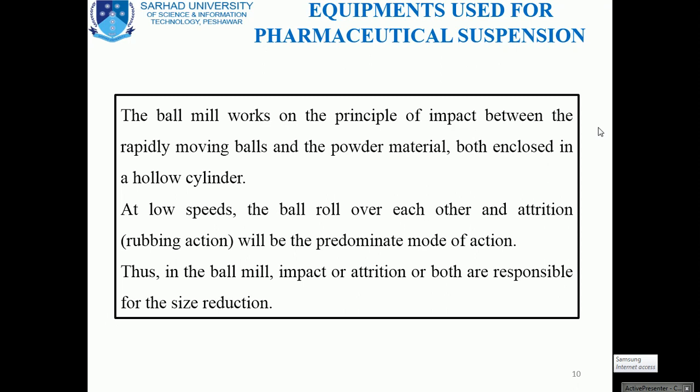Both are enclosed in a hollow cylinder-shaped shell, and the impact occurs between the rapidly moving balls and the powder material. By the process of impact, the processing is performed.